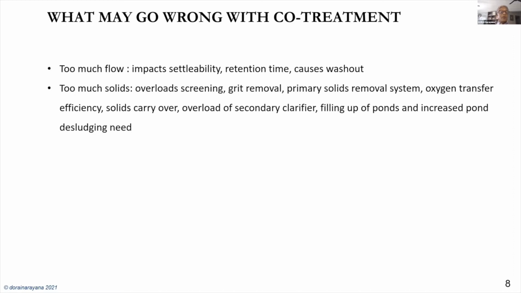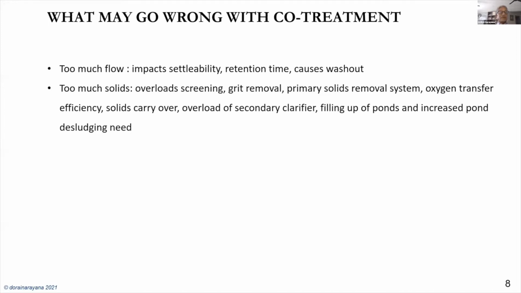If we have too much solids: since we know the fecal sludge and the septage have very high solids content, this could overload your screening step, your grit removal, or your primary solids removal system in your primary settling tank. Secondly, your oxygen transfer efficiency could be impacted because in your aeration tank, you have a lot of inert solids floating around.